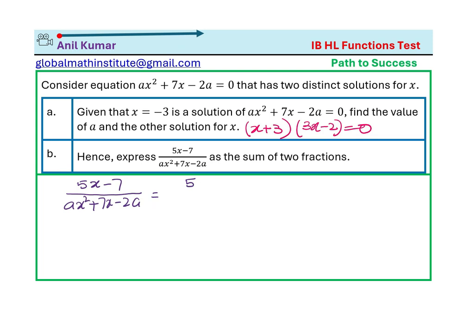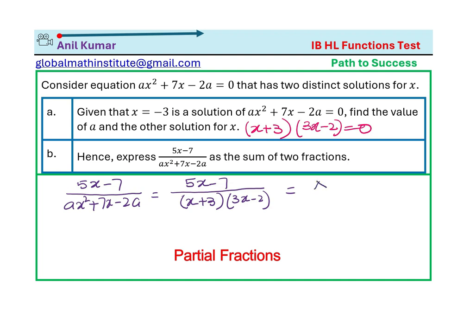It is 5x minus 7 over x plus 3 times 3x minus 2. So that's a rational function. We need to write this rational function as two fractions, right? Two rational functions. So the method is 5x minus 7 over, we have got two linear factors, right?